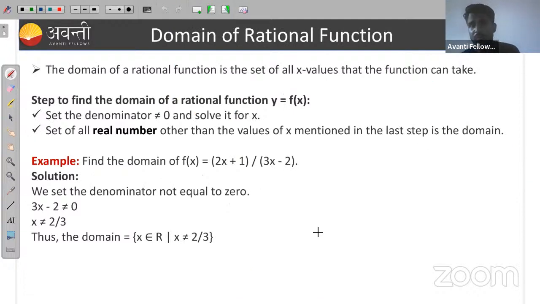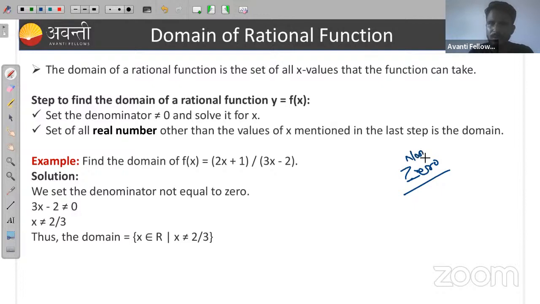Now, in order to find the domain of a rational function, we know from higher study, from classes 9 and 10, that any non-zero upon zero is not defined, right?